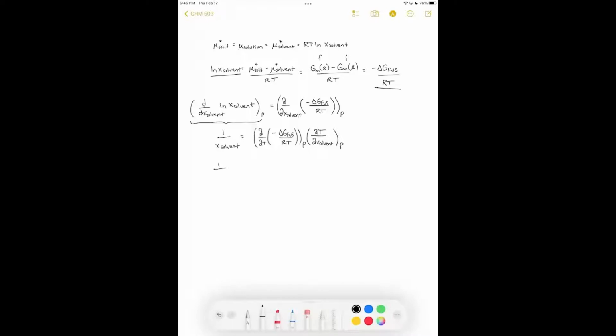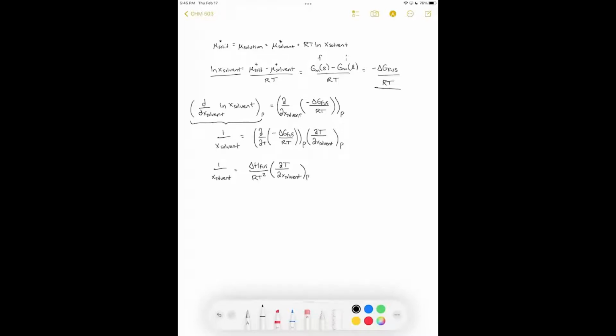So this gives us 1 over the mole fraction of solvent is equal to delta H of fusion over RT squared. So if you don't remember, you can go back and watch one of the earlier lectures from chapter 6 where we evaluated this derivative here. And then we simply have the partial derivative of temperature with respect to X solvent.